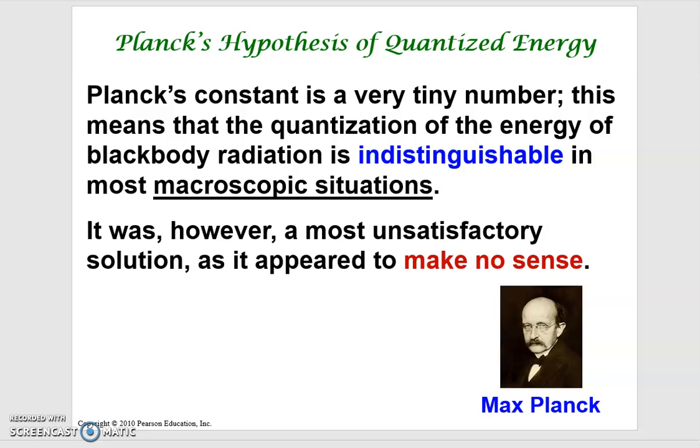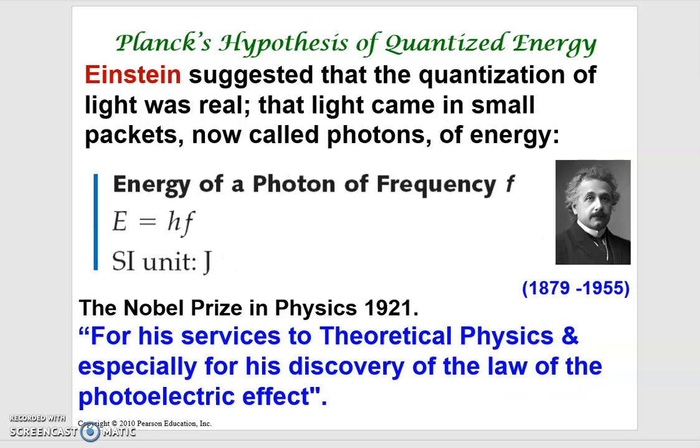But people at the time, as I mentioned, even though Planck could explain the data, thought it made no sense. It was not until Einstein said, okay, no, Planck is correct, and the energy should be quantized, and this quantized state is the so-called photon, a particle.